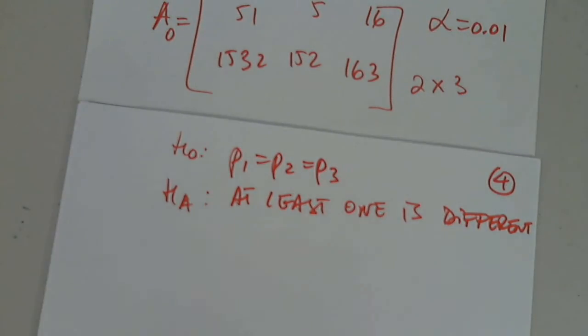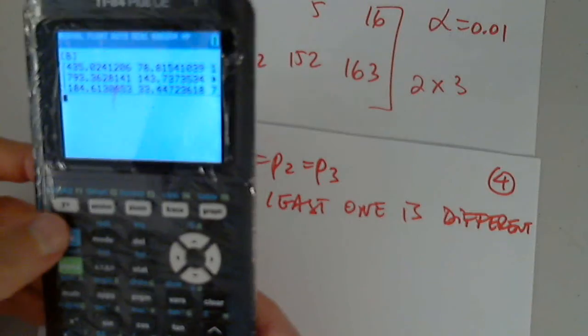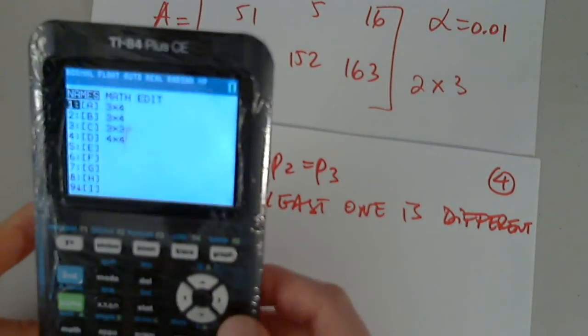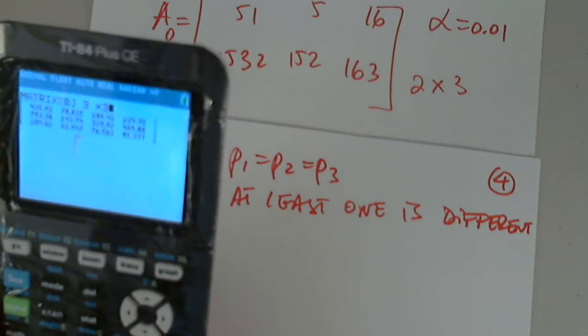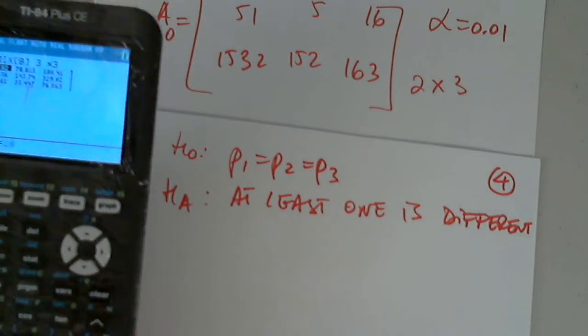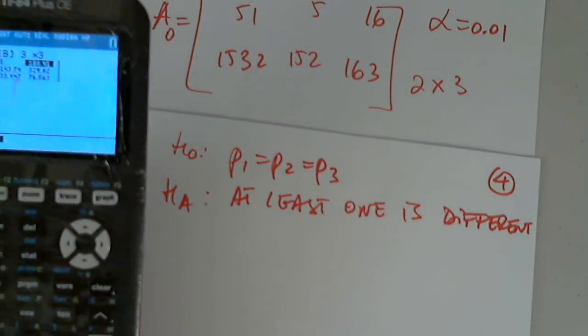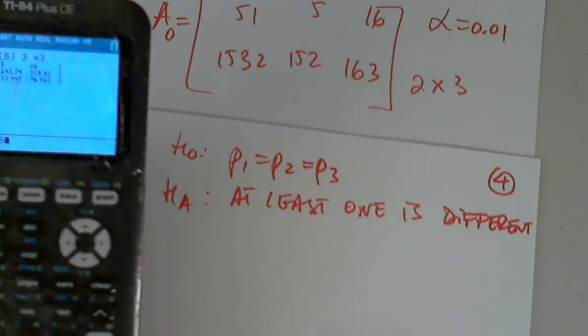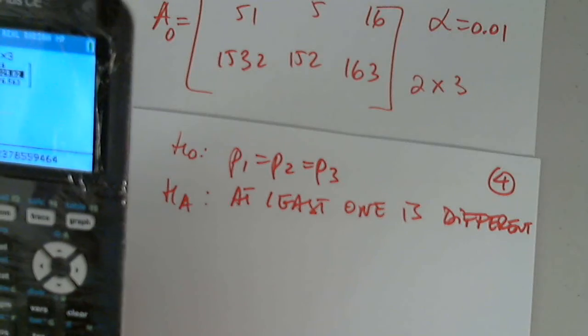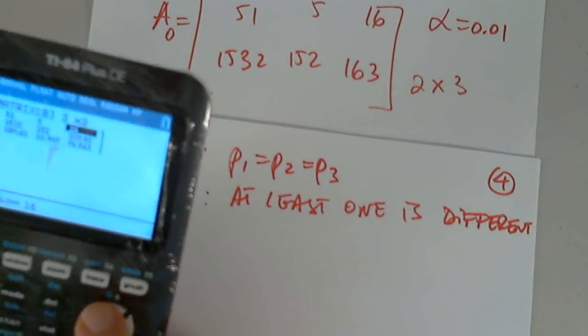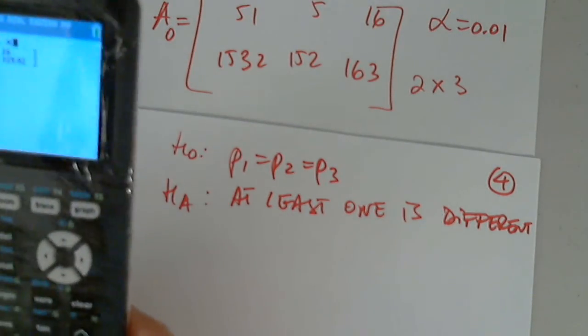We enter the data. Go back to second and matrix. We're going to edit now a 2 by 3. And that will be 51 and 5 and 16, 1,532, 152, and 163. So it's a 2 by 3.